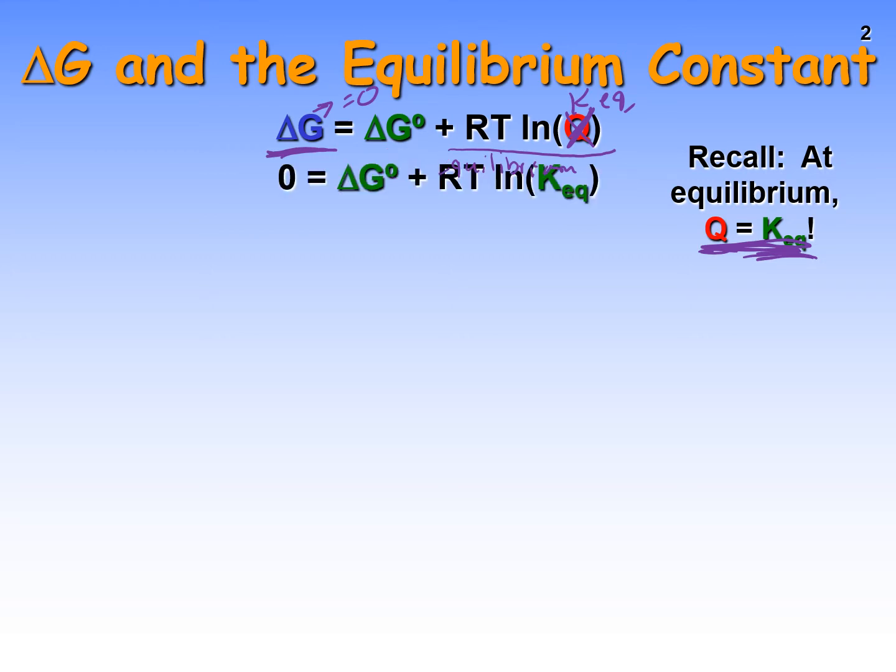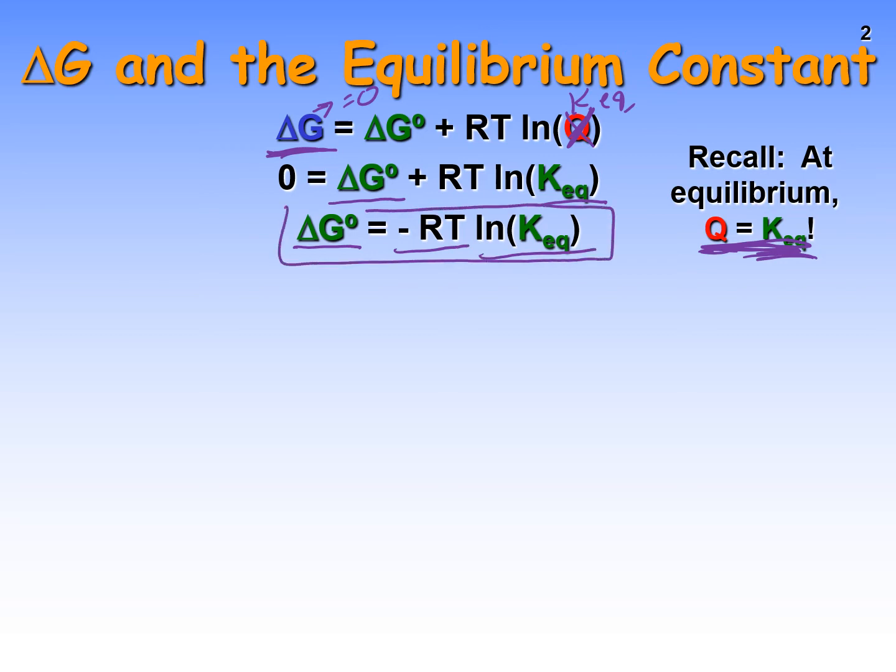So if I do that all out, well, would you look at that? I can relate delta G naught to our equilibrium constant now by just rearranging. So delta G naught is equal to negative RT ln of KEQ. And this equation here is one I will give you on tests and quizzes. But it allows us to relate our delta G to our equilibrium constant and vice versa.